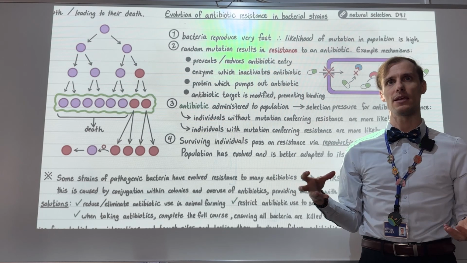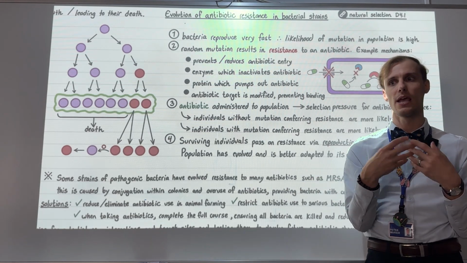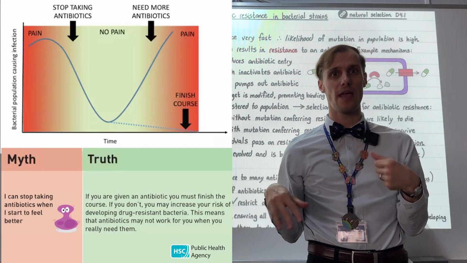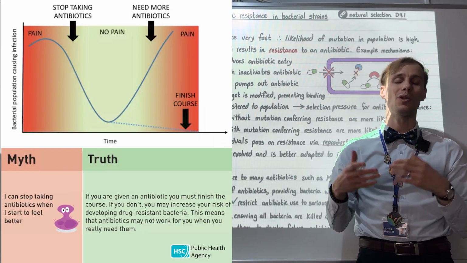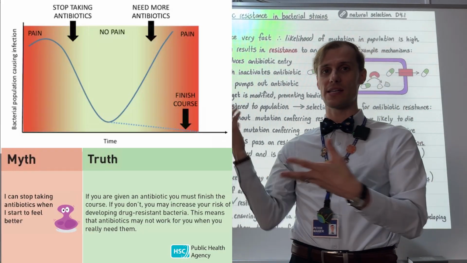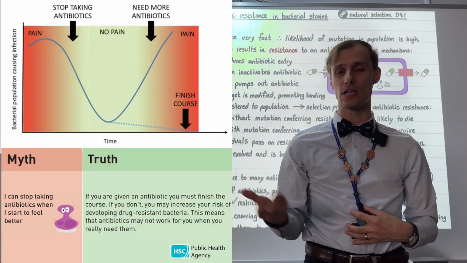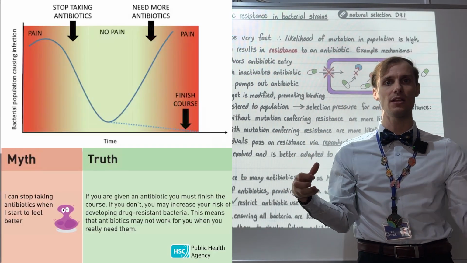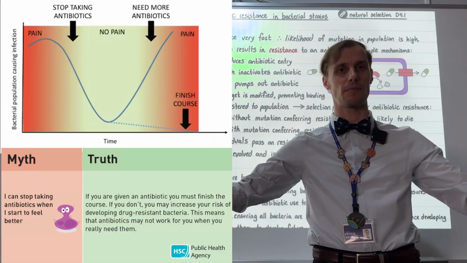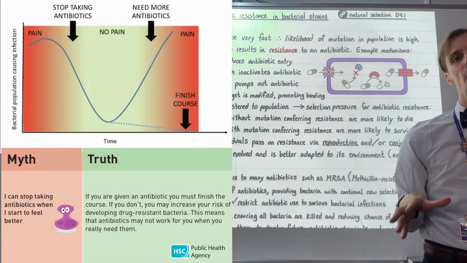What ends up happening is someone will take some antibiotics, they'll feel good after a couple of days, but they still have another week left of their course and then they'll stop. Again, this may allow antibiotic resistance to continue to propagate. So regardless of how you're feeling, make sure to complete the course of antibiotics to try to mitigate this problem from happening.